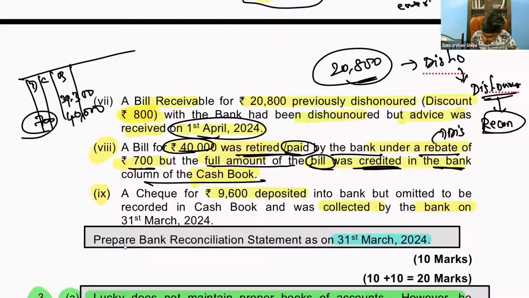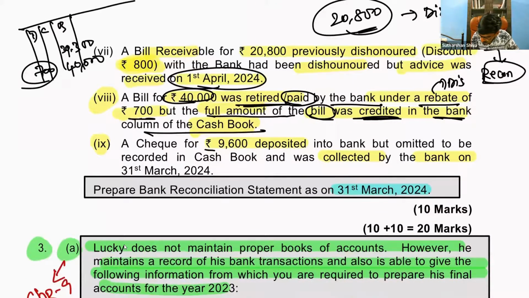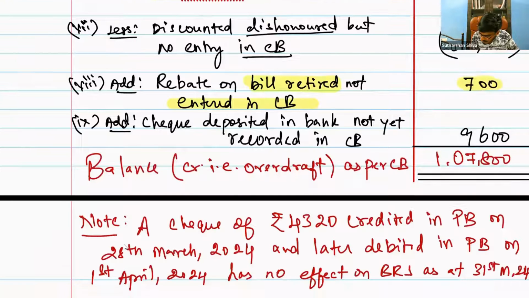Next, a check of rupees 9,600 deposited into the bank but omitted to be recorded in the cash book was collected by the bank on 31st. It has been omitted to be recorded. So it has to be added: check deposited in the bank but not yet recorded in the cash book, that is 9,600.